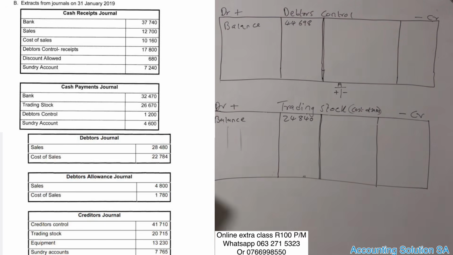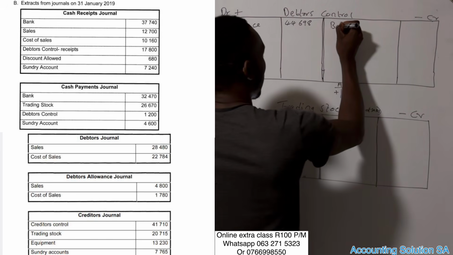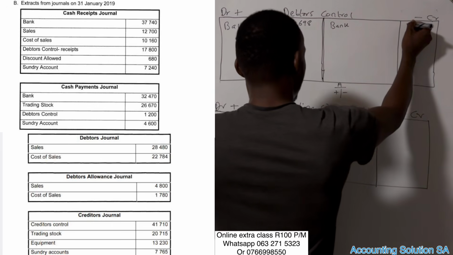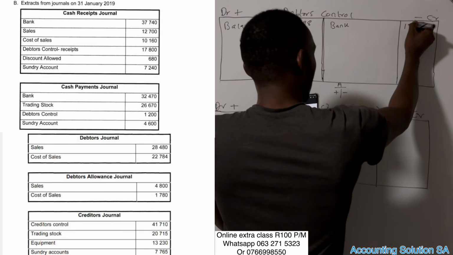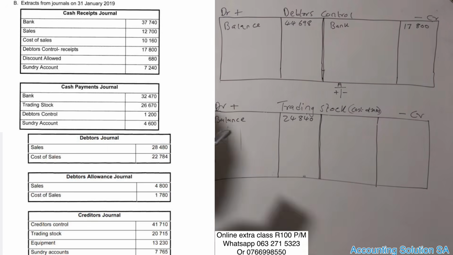We have somebody who paid 17,800 debtors control receipt, because it's a cash receipt, which means that this is the money that we receive. He paid 17,800, which means that we're going to have a bank. Somebody paid and he reduced his debt by 17,800. Very simple.